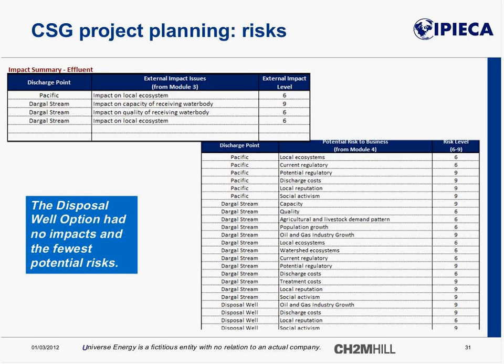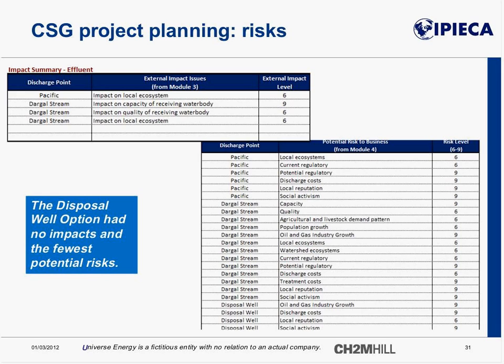Up in the left-hand corner, you see a summary of the potential impacts that were identified for the different discharges. And on the Pacific Ocean option, there was definitely an external impact potential for impact on local ecosystems because the discharge point would be at a popular surfing beach that has a very precious ecosystem, and even though the water was relatively clean and wasn't too saline and so on, it was different from ocean water.